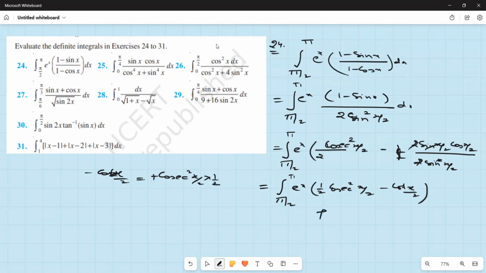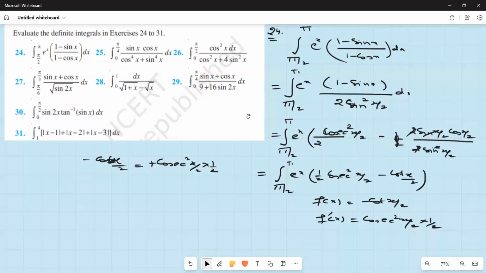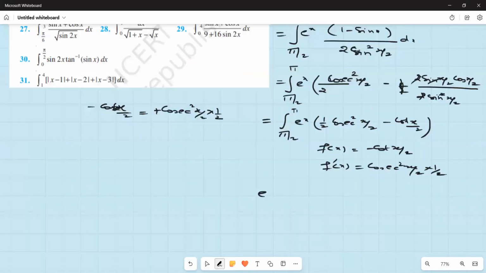So if you take f(x) as minus cot x by 2, what will be f'(x)? Cosec square x by 2 into 1 by 2. So isn't it of the type e^x [f(x) + f'(x)]? So the answer is e^x f(x) plus c only. Because this is a definite integral, there is no need to put c. I had written indefinite, so I am writing c.